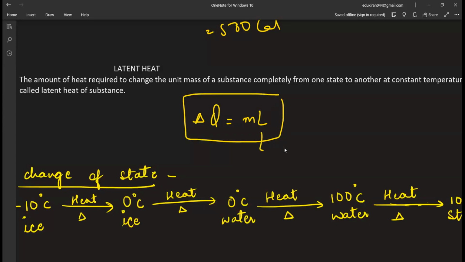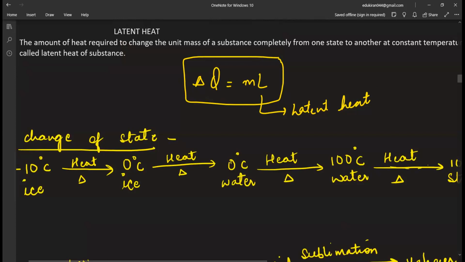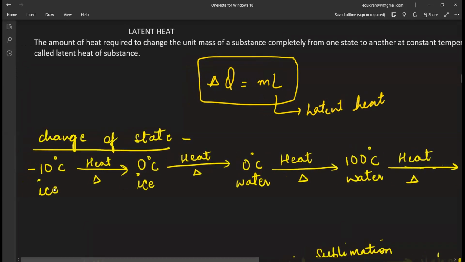M is the mass, L is the latent heat. Okay. Now, how does the change of state occur? Initially, you have ice at minus 10 degrees. You provide heat to it. Suddenly it does not become water.